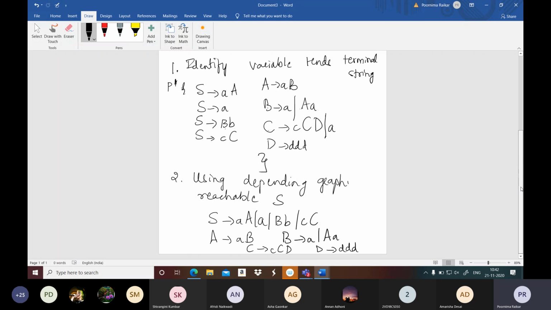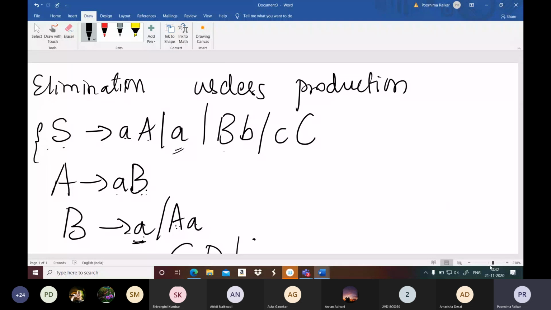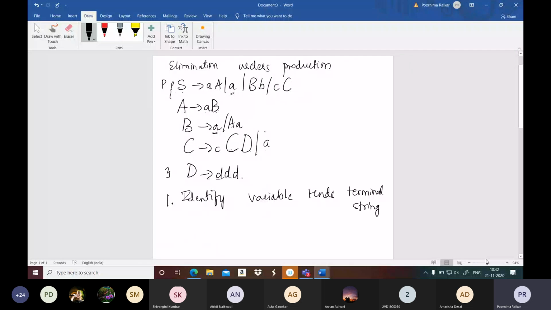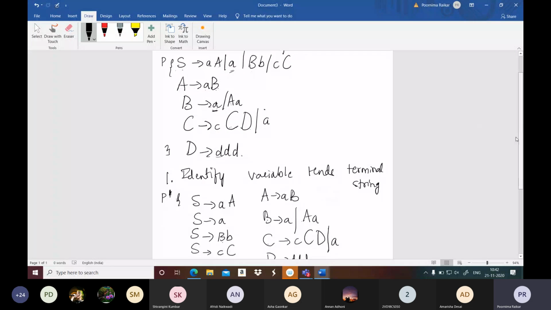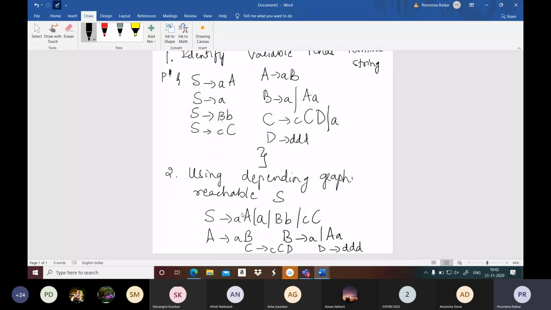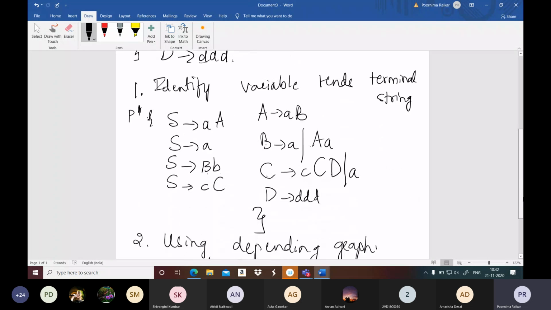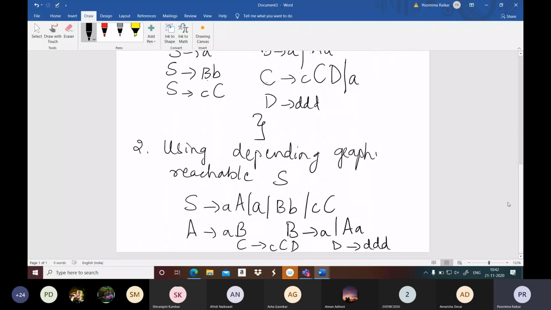So now I'll put the dependency graph here. So using the dependency graph from S.